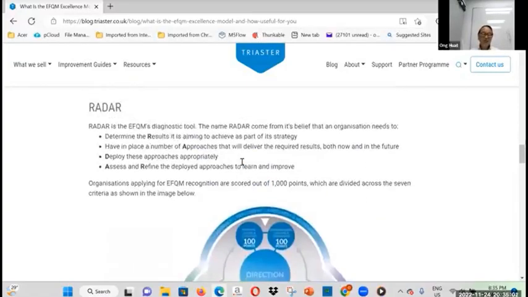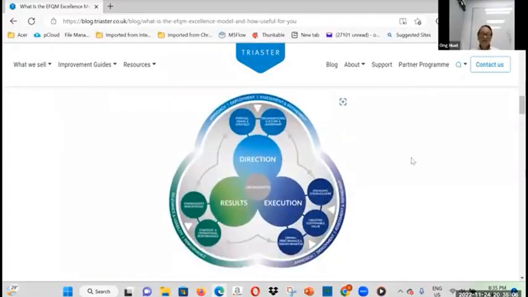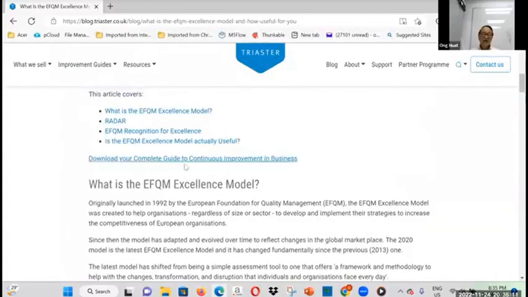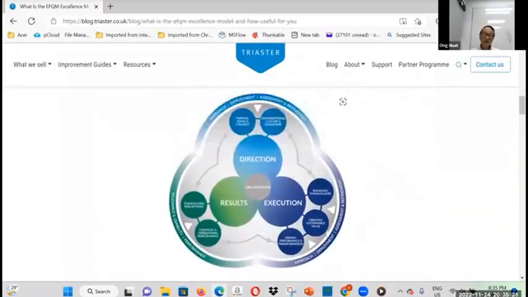Okay, then you come to that radar. I think it's not necessary to mention but I mentioned this model to let you highlight and let you understand what the abbreviation is, right? We know European Foundation for Quality Management, right? In that nature, you require 3 circles, and these circles are direction, result, and execution.